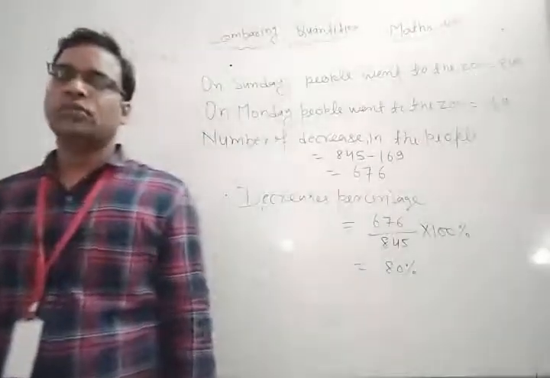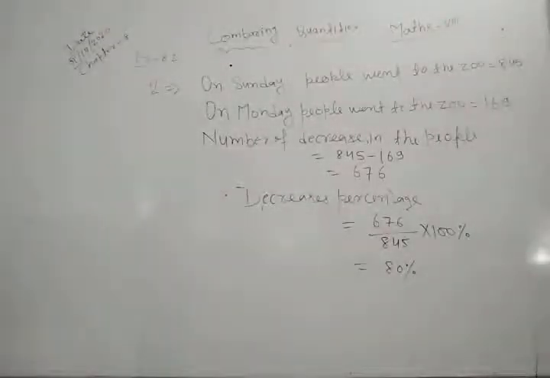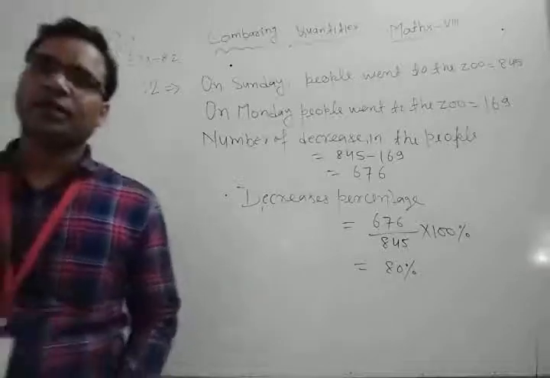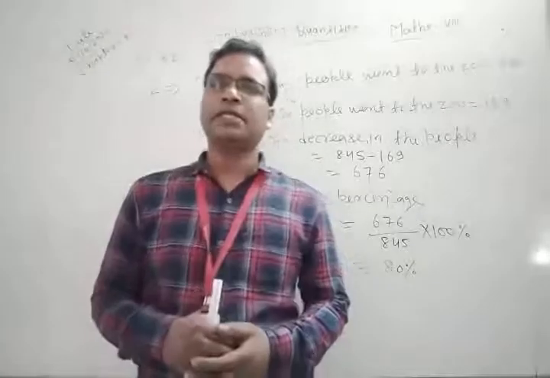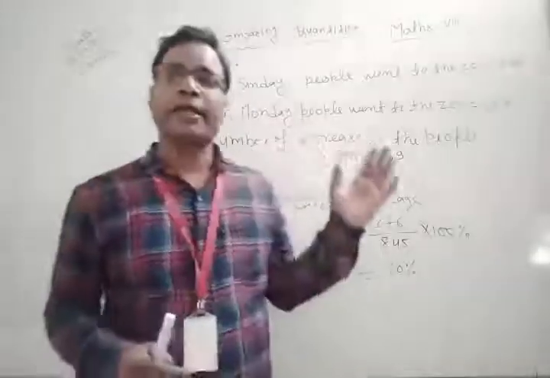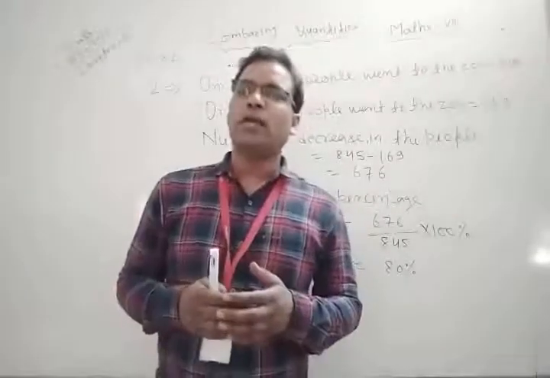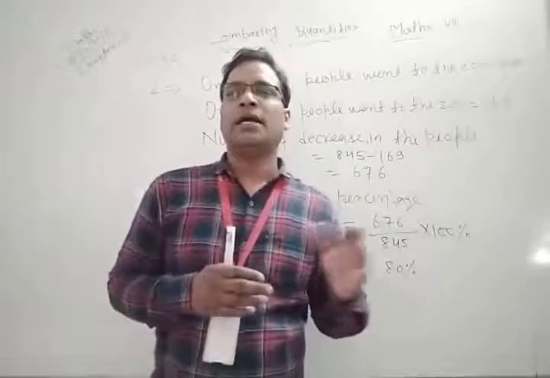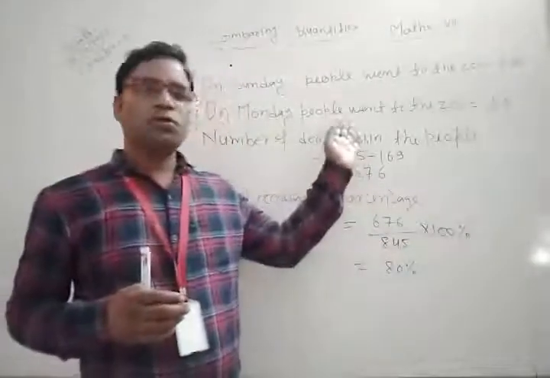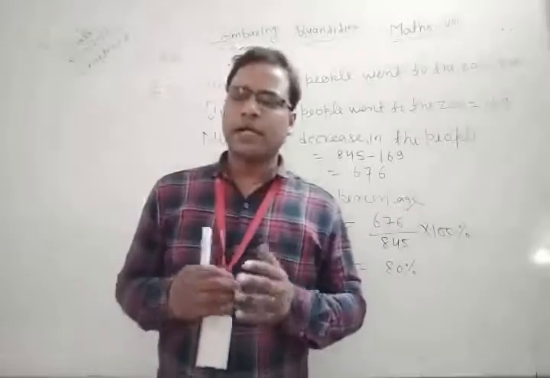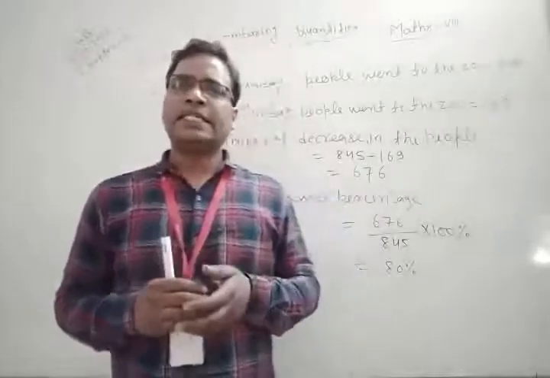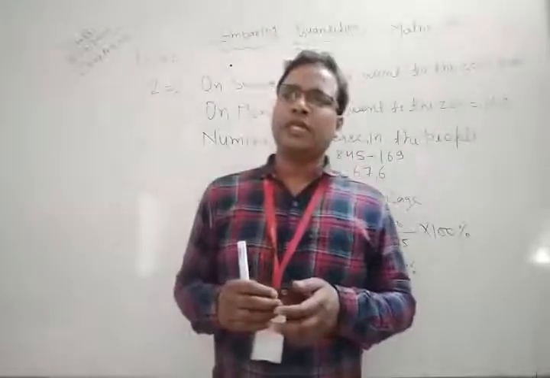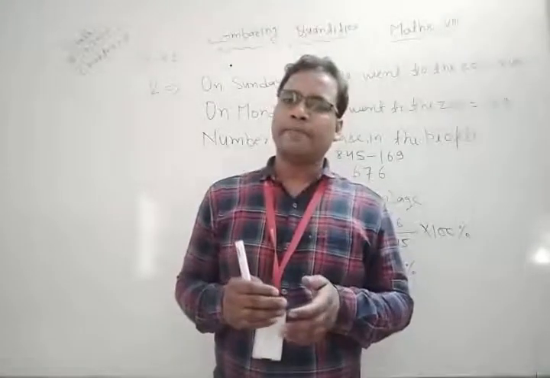So students, I hope all of you understood this question. In this question, it is given that on Sunday 845 people went to the zoo, and on Monday only 169 people went to the zoo. The question asks what is the percentage decrease in the people visiting the zoo on Monday.